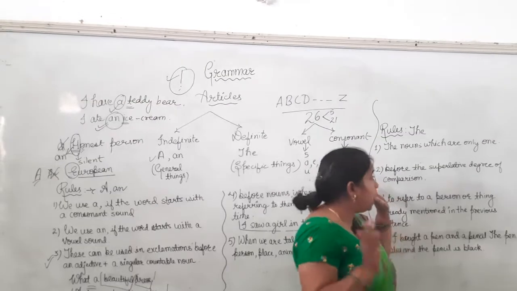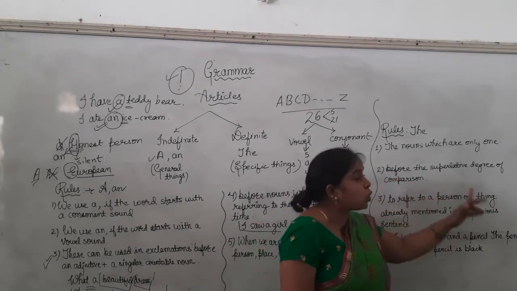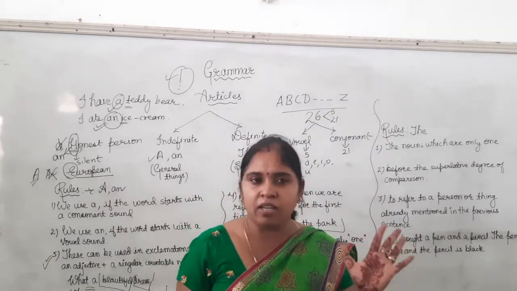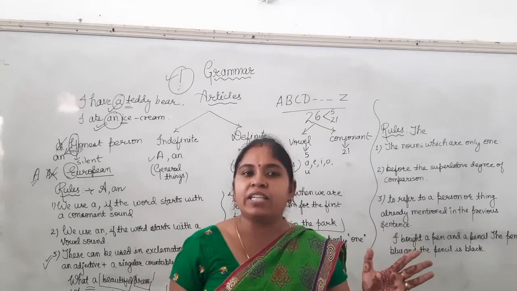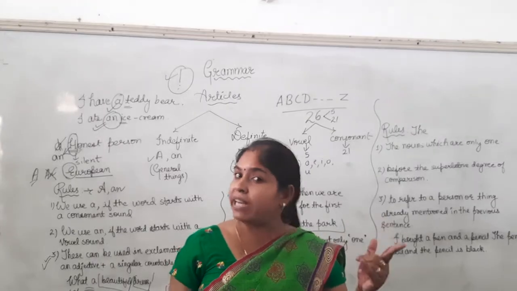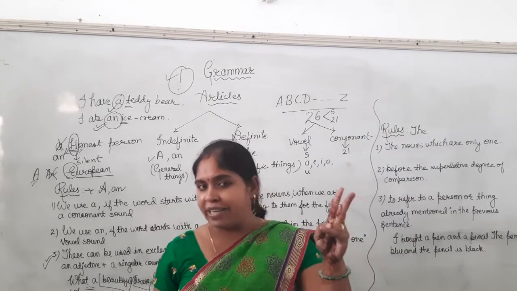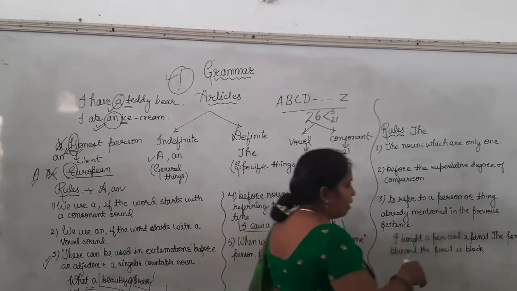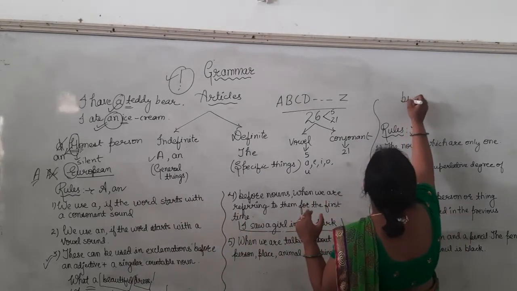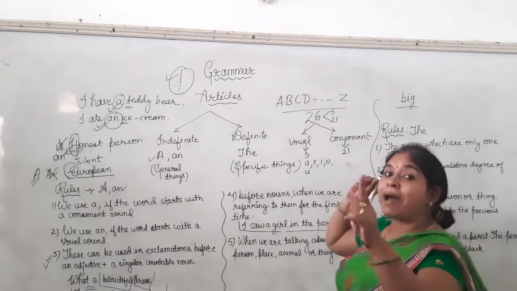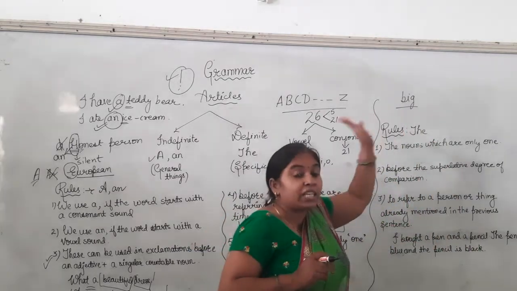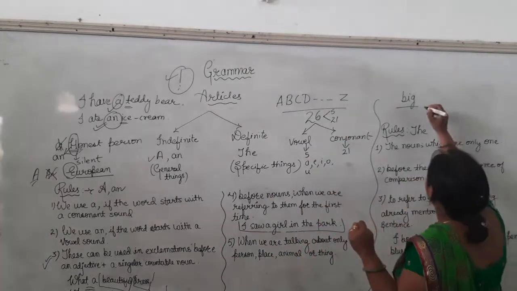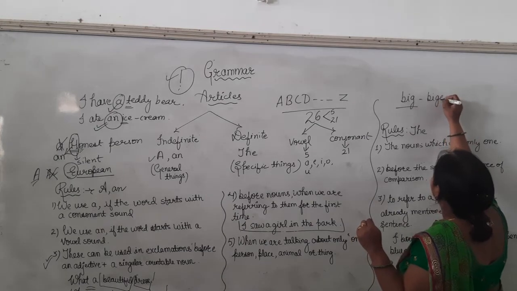Okay students. Now next rule, before the superlative degree of comparison. Now students, in adjectives, to do the comparison we have three degrees: positive, comparative, superlative. For example, the adjective is big. When there is no comparison, it is the positive degree. When there is a comparison between two persons, then we use bigger.